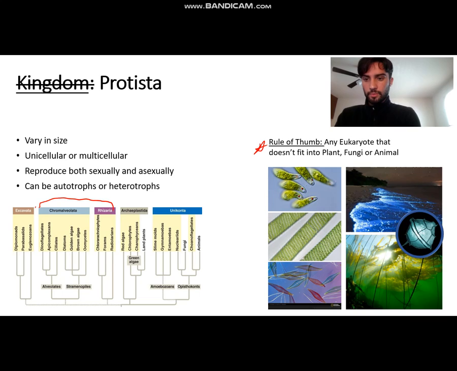There is one supergroup here that will be the plants, here we have animals and fungi, and here another supergroup of protists. Protists can vary in size, microscopic or macroscopic, unicellular or multicellular, and they reproduce both sexually and asexually, and can be autotrophs or heterotrophs.